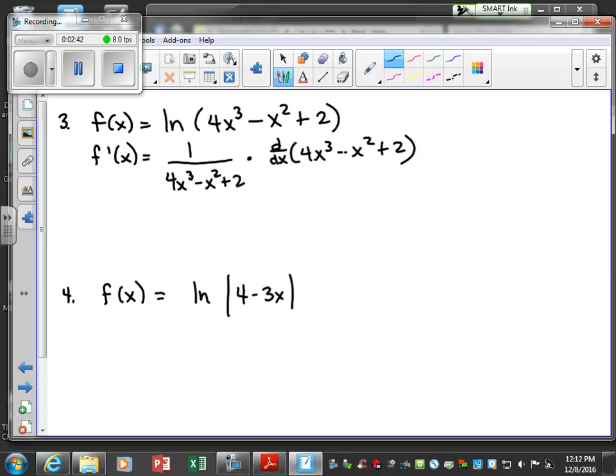Okay, so we would just have f prime of x. What's the derivative of here? So that's 12x squared minus 2x and then plus 0, so that doesn't matter, all over this.